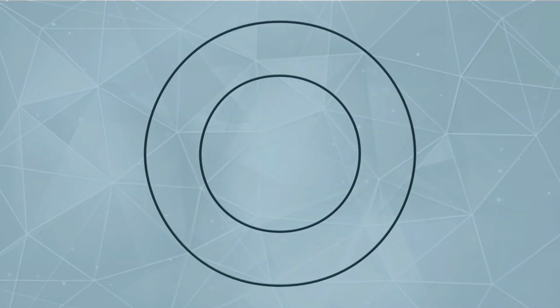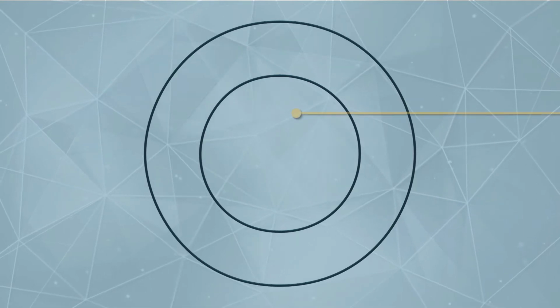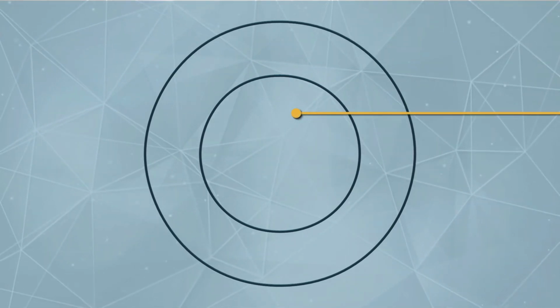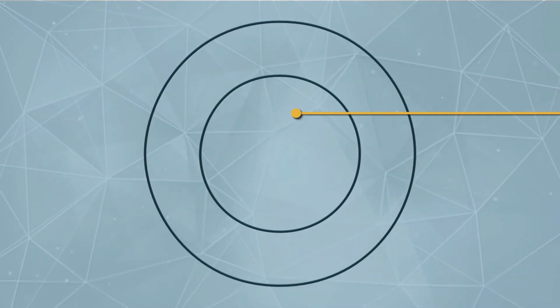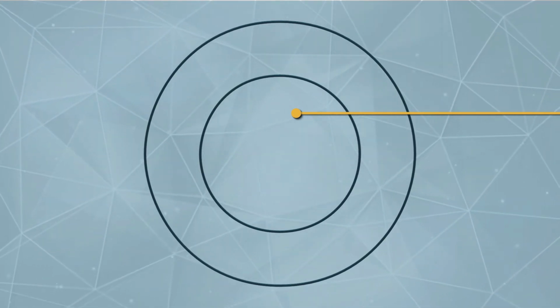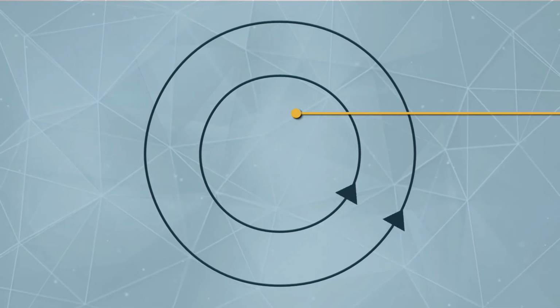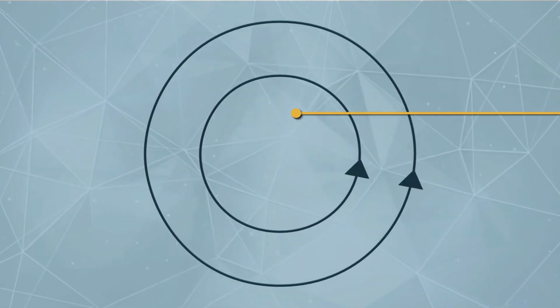The other fill winding is called non-zero, and this is the default fill winding if none is explicitly set. It works in a similar but slightly different way to even-odd. As before, we imagine a line from any given point to the edge of the canvas. This time, rather than counting the number of times we cross the path, the direction of the path when we cross it is important.